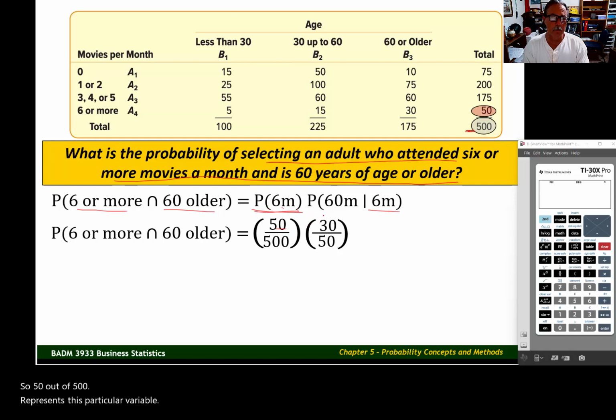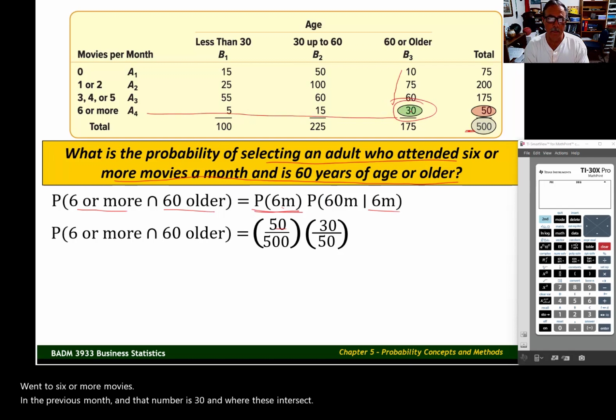Then for this variable, we're looking just at people 60 and older who went to 6 or more movies in the previous month. And that number is 30. And where these intersect, that's the one we're looking at. 30 ends up in our numerator.